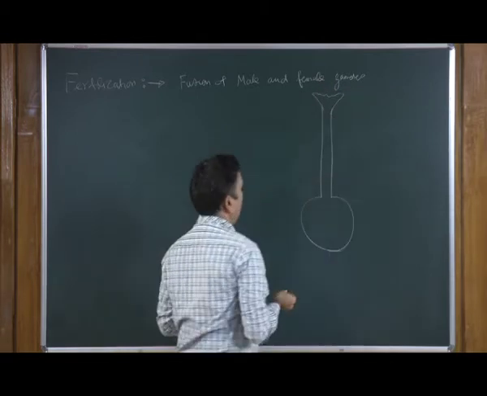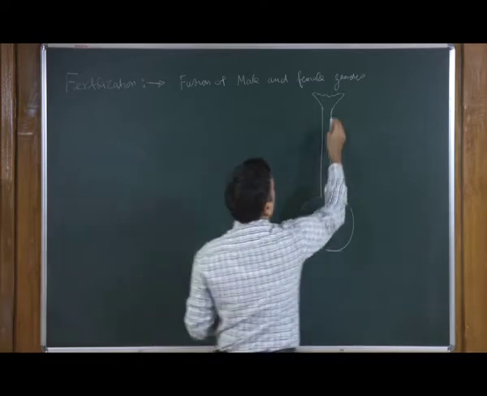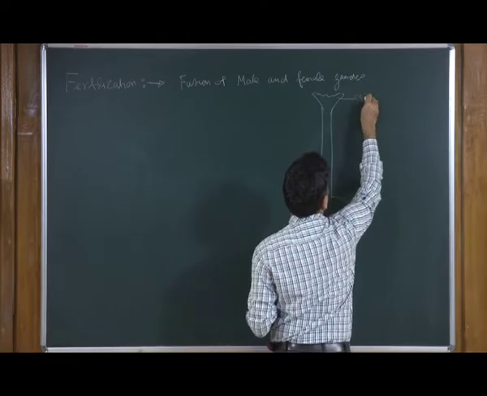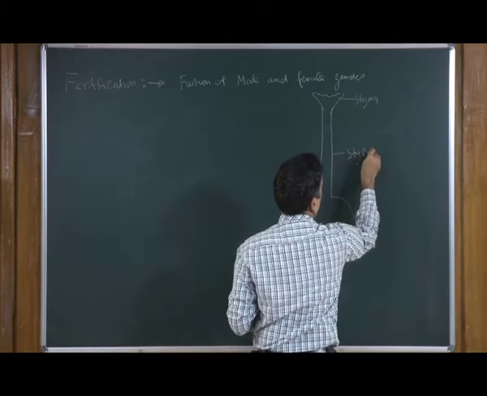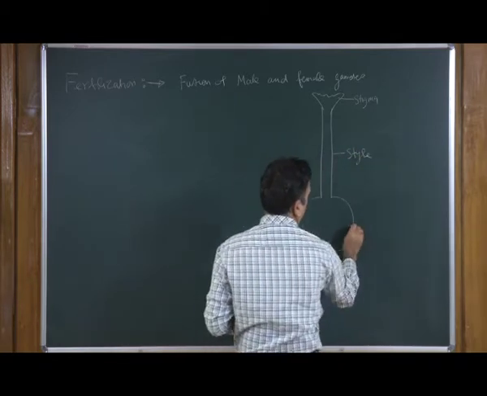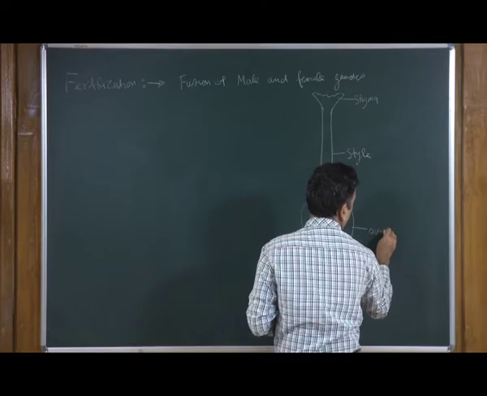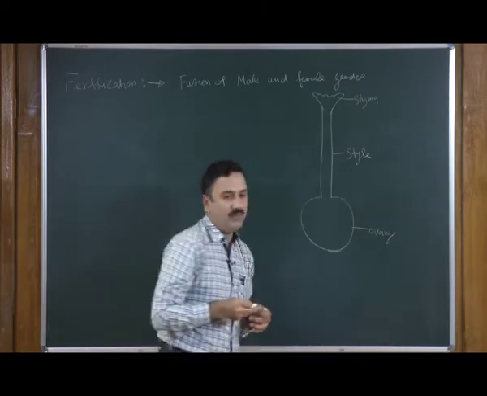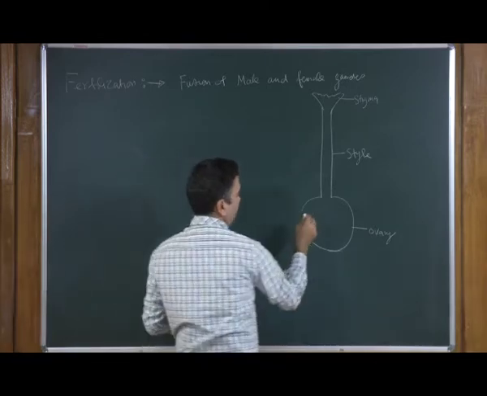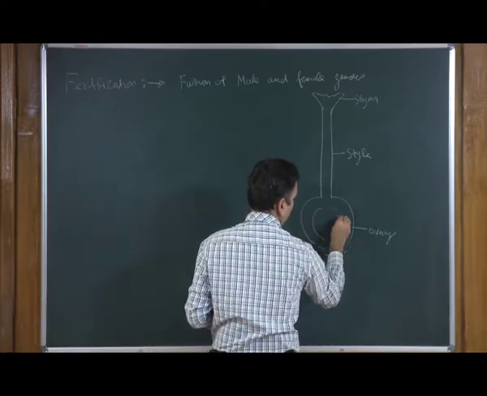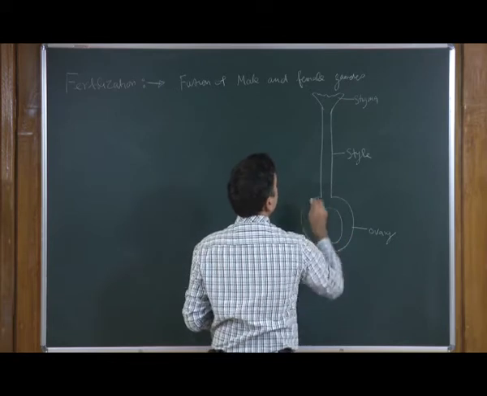You can imagine a flower like this, where this is called the stigma, this is the style. This is the female sex organ, and this is the ovary. Within the ovary you have the ovule, where the fertilization takes place.